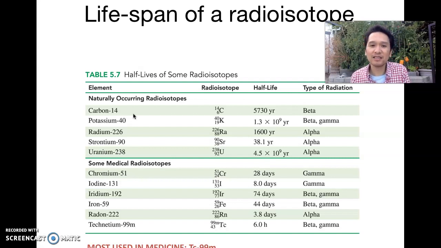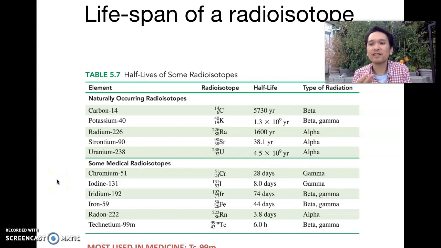Carbon-14 is used to carbon date, if some of you like forensics, to tell archaeologists how old an ancient script is. Is it 5,000 years old? Is it 10,000 years old? And so on and so forth. Actually, there are isotopes that are even longer lived. For example, uranium has a half-life of 4.5 times 10 to the 9th years. That's a long time.